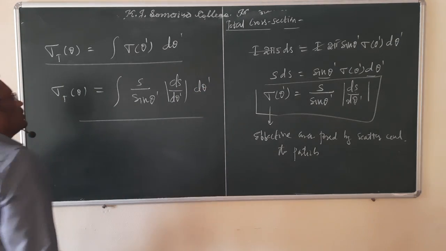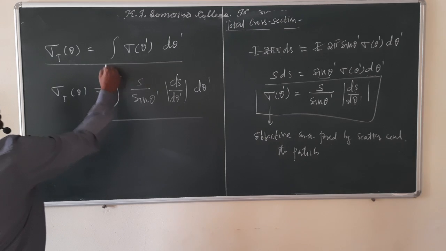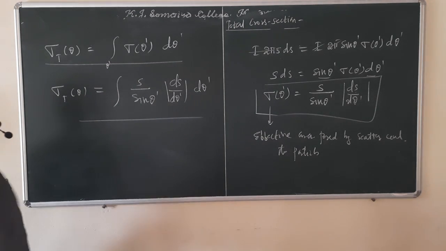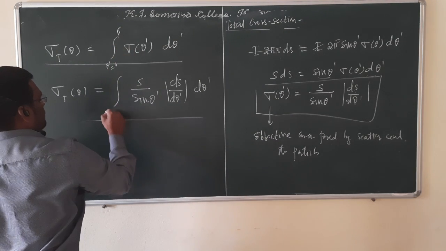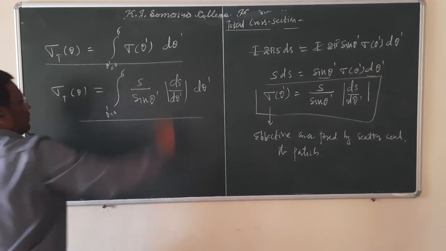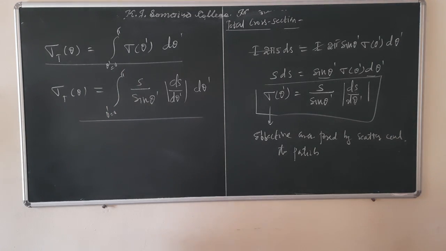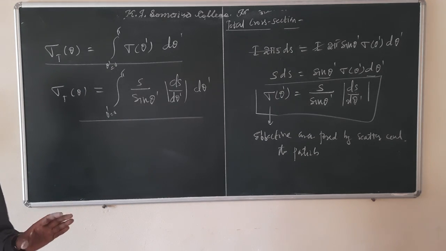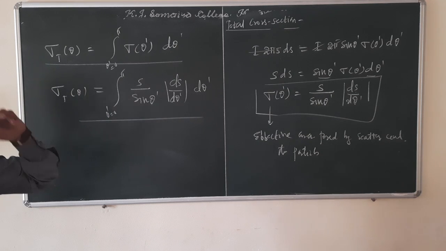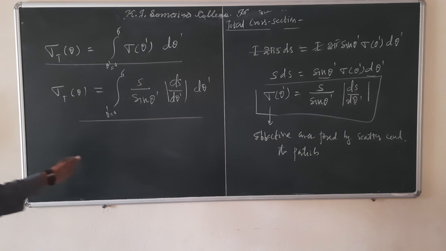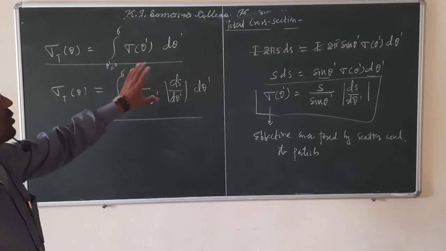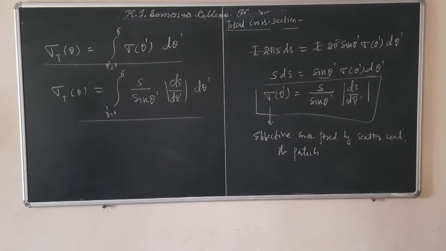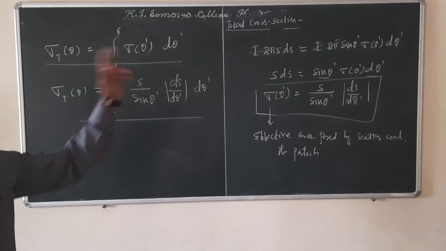You have to integrate over theta dash, which runs from 0 to pi. The total cross section is defined as the number of all the particles which are scattered in all the solid angle. With this we finish this topic: differential cross section, impact parameter and total cross section.